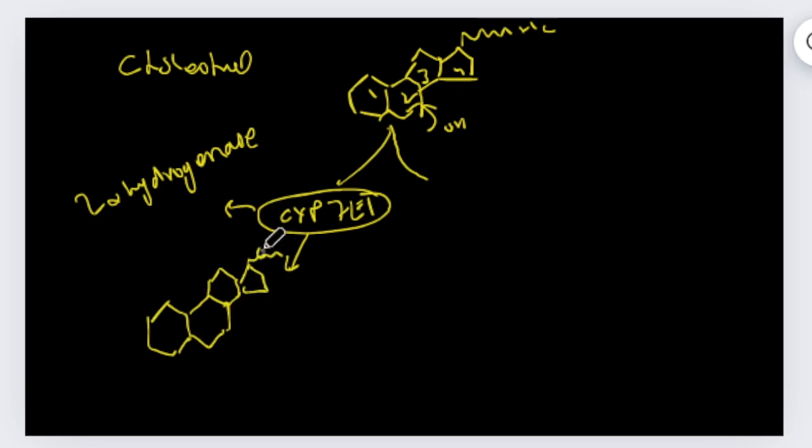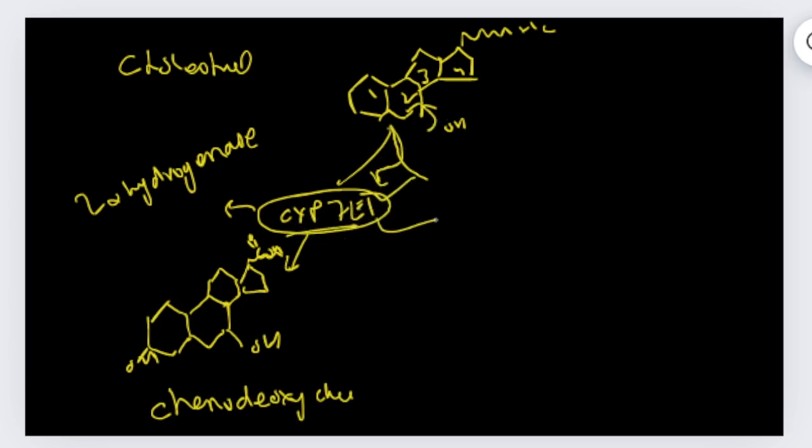Here it will form a carboxylic acid, COOH, and there is an OH group attached here. So this is called chenodeoxycholic acid. When CYP7A1 acts on the cholesterol, after this another enzyme acts, called CYP8B1.